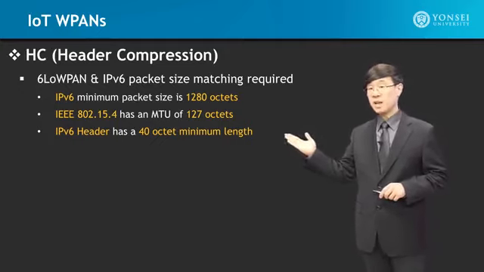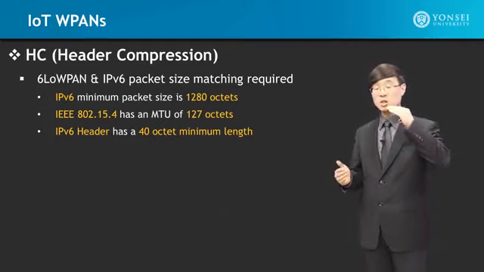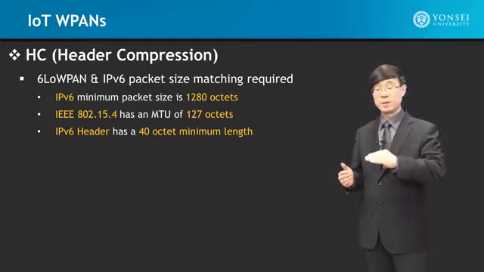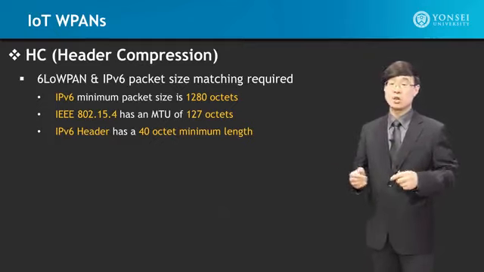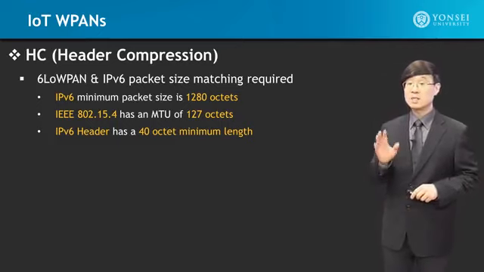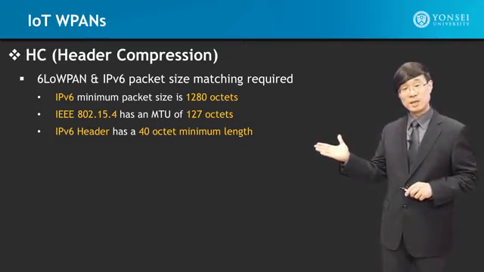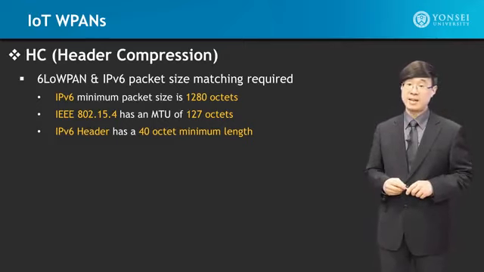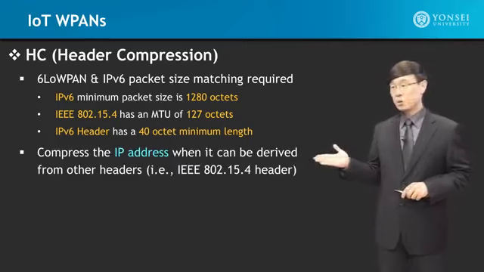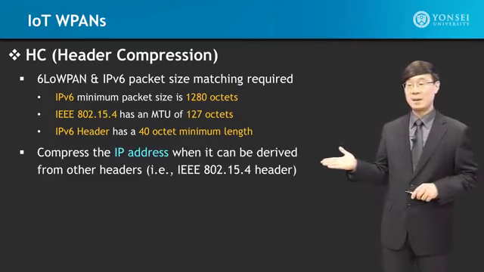The IPv6 header can have many additional options added to it, such that it has additional features that are provided. And some of those features we already talked about, as in terms of IP security or other features that are added on. So that is why we need to compress the IP address and other fields.